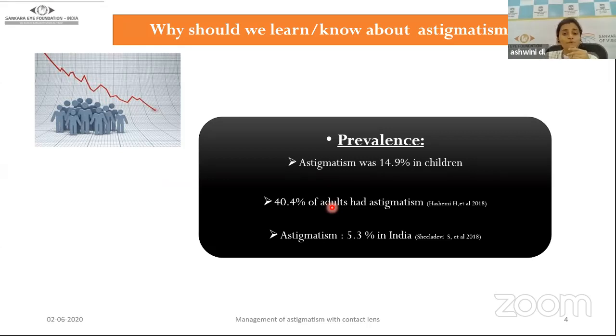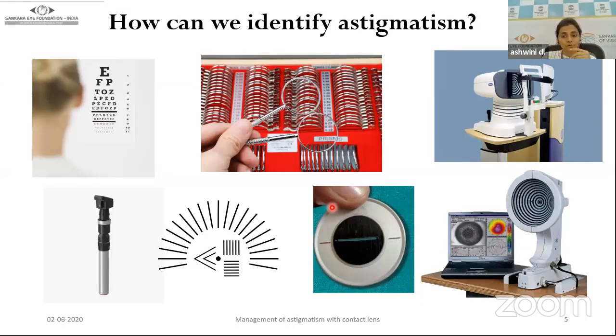Then comes how we can identify astigmatism. There are various methods available. A basic one is visual acuity, which gives a gross idea of the amount of astigmatism that may be present. The decrease in visual acuity depends on the severity of the astigmatism. Then comes the retinoscope.